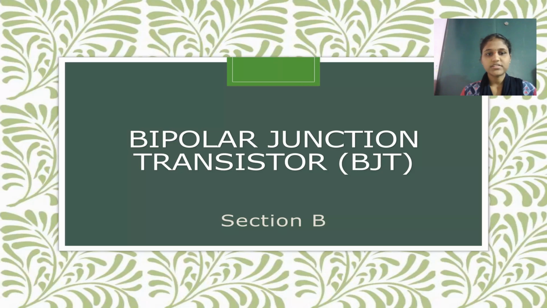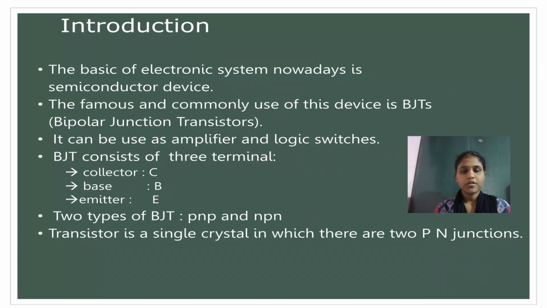Now let us discuss about bipolar junction transistor. It is also known as BJT. First of all, the introduction for this topic: the basic of electronic system nowadays is semiconductor device. The famous and commonly used of this device is BJTs, also known as bipolar junction transistors.